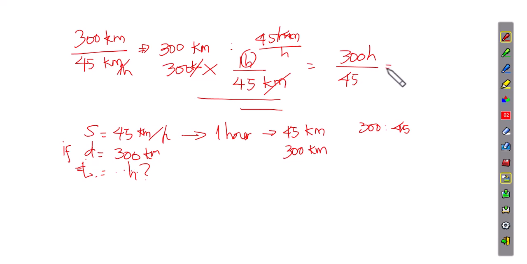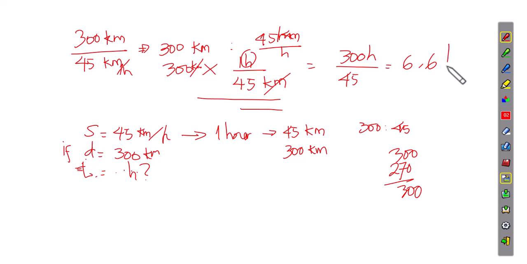So we need to find the answer for 300 divided by 45. 6 times 45 is 270. You will have 30 left, so the answer is 6.6.